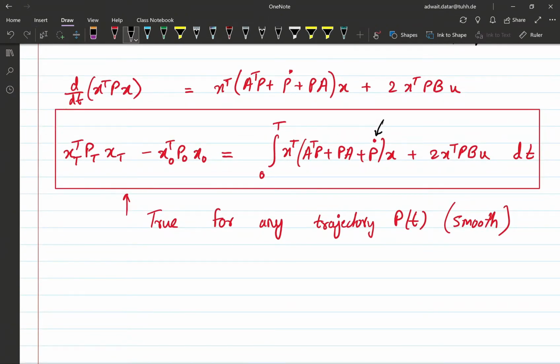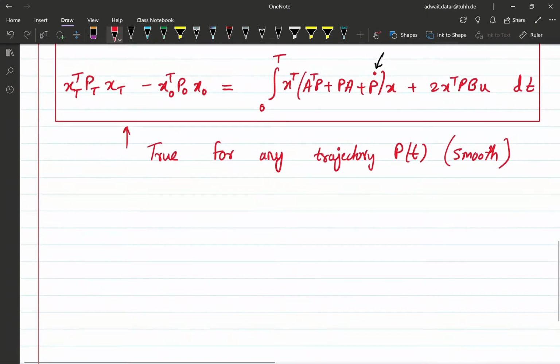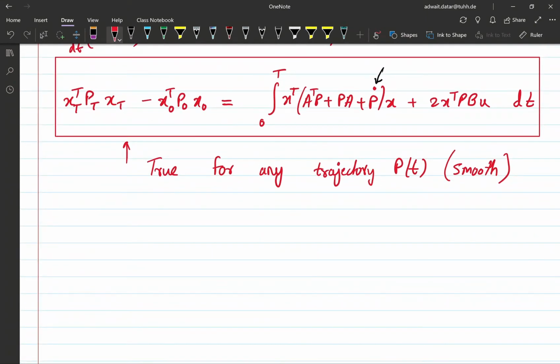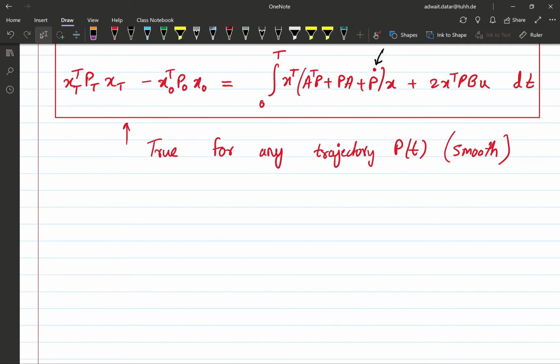Now we add and subtract to our cost V the left hand side and the right hand side. So V of x comma u is nothing but V of x comma u.